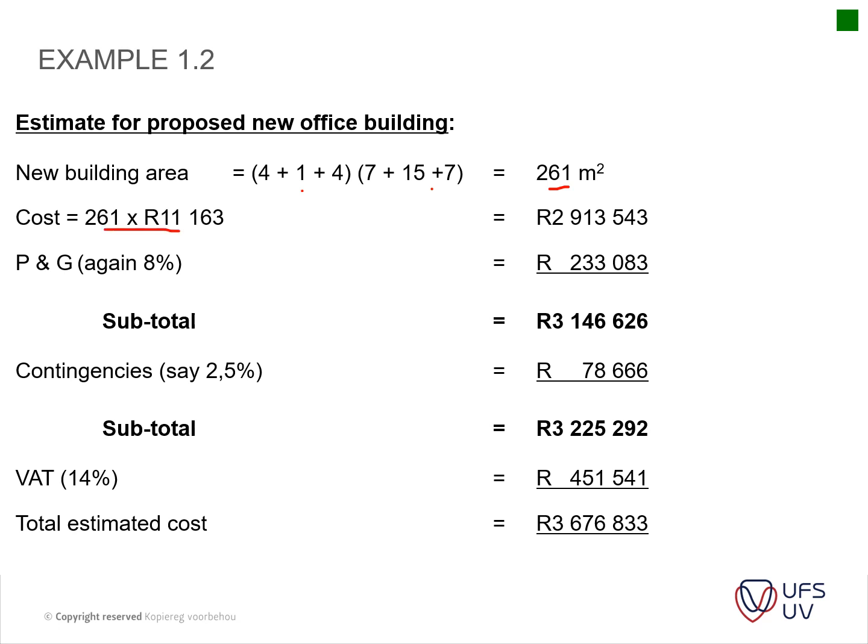You times that with your area tariff that you calculated. You add P's and G's to it, and you add your contingencies to it, and then your VAT, and then you have your new total estimated cost. Okay, so very straightforward. This is basically what we did in class already.